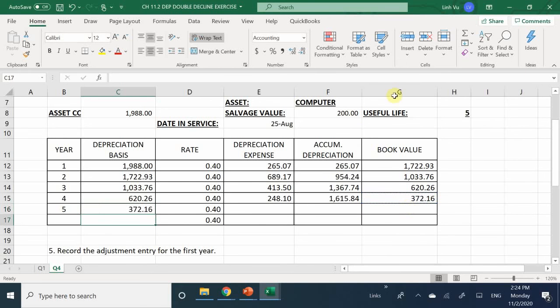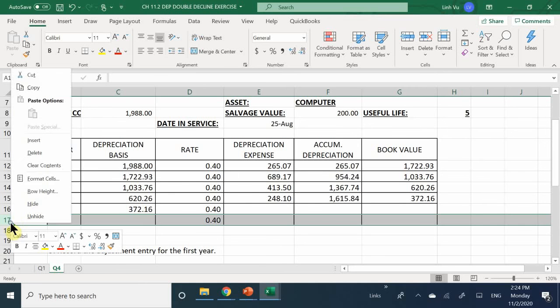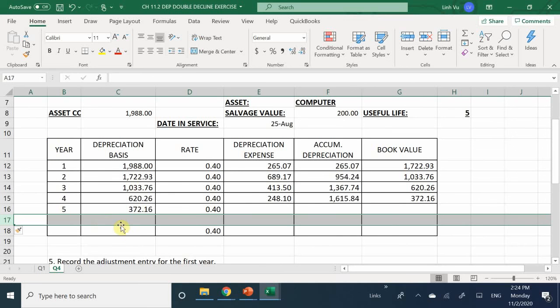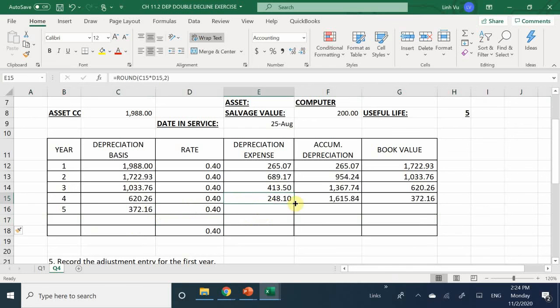So the 372.16 times the 40% is $148.86. And then we have the previous year's accumulation plus the 148.86, bringing the new accumulated depreciation to $1,764.71.